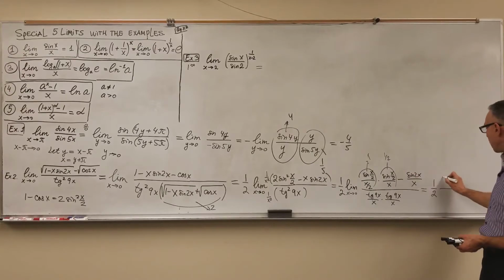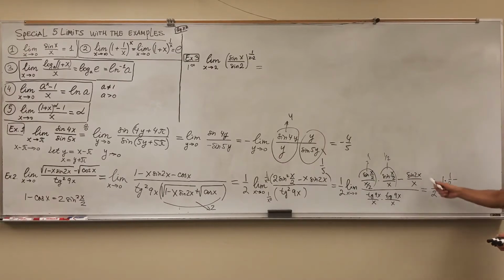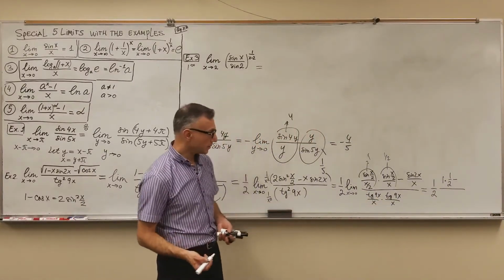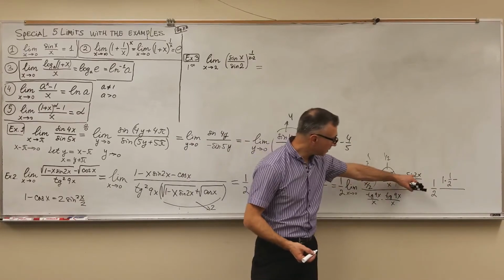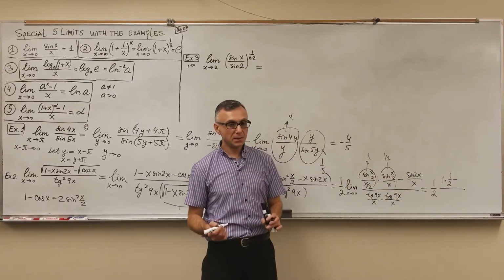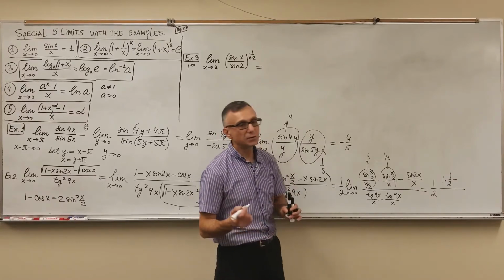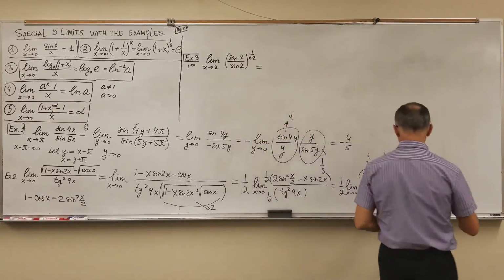Fraction here, 1 by 1/2 minus sine 2x over x is just 2 when x goes to 0. It's just this coefficient again. It's easy to show it, easy to prove it. Every calculus book shows that explicitly.